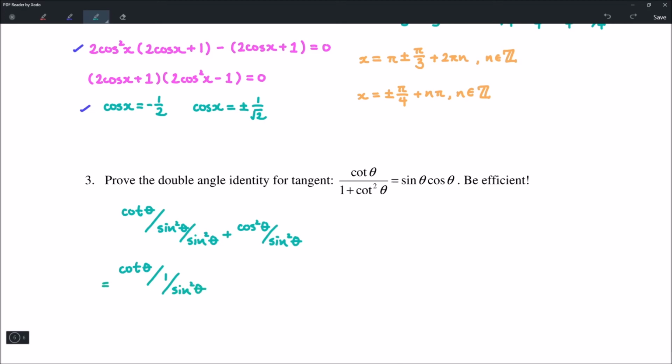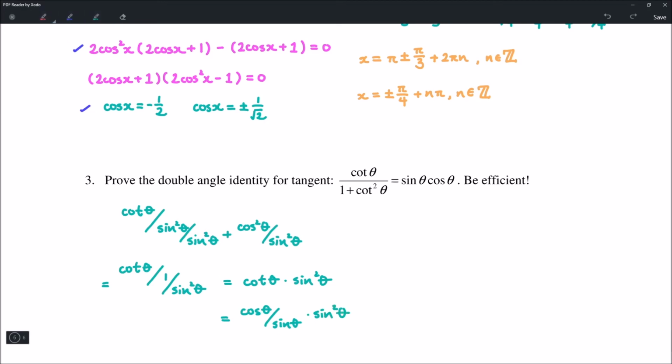And then from there, of course, we can rewrite this as cotangent theta and multiply by sine square theta. And finally, we can then rewrite cotangent theta as cosine theta over sine theta, multiplied by sine square theta, of course, still there.